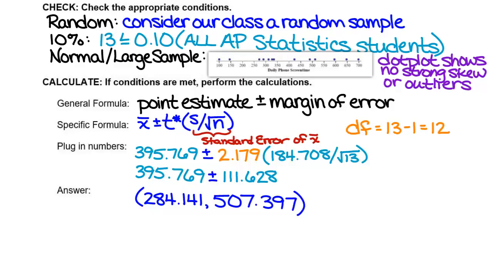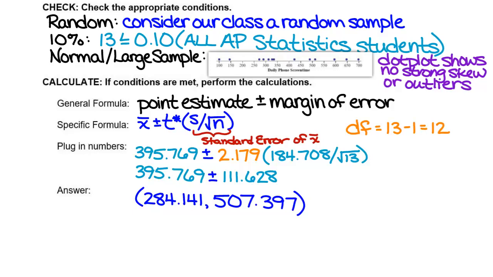So what would a conclusion look like for this? We are 95% confident. Close. You read me my x bar as the lower bound. 284.141. That's okay.